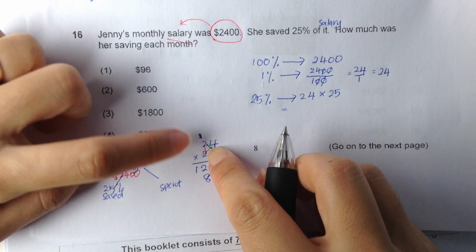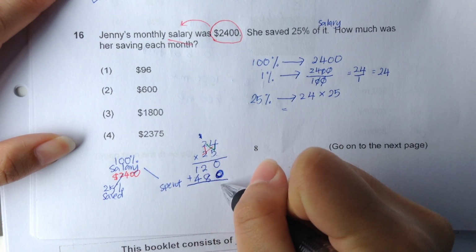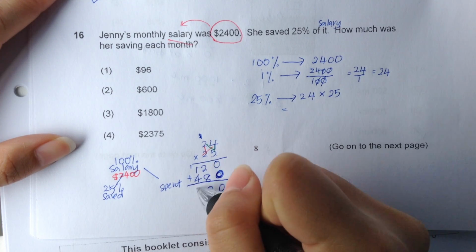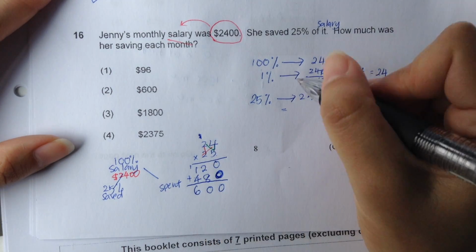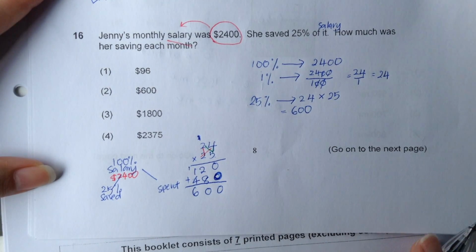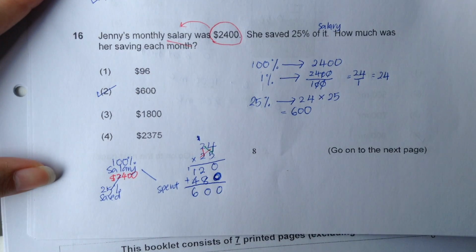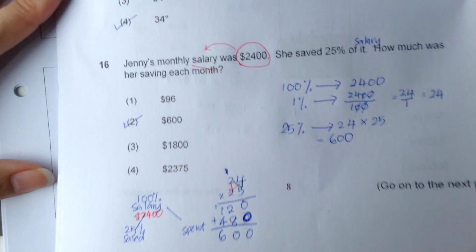Thereafter, 2 times 2, 4. And then now I can add. So I get 600. So my answer is 600. Option 2, $600. Question 17.